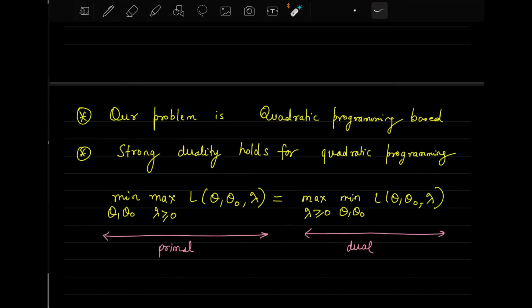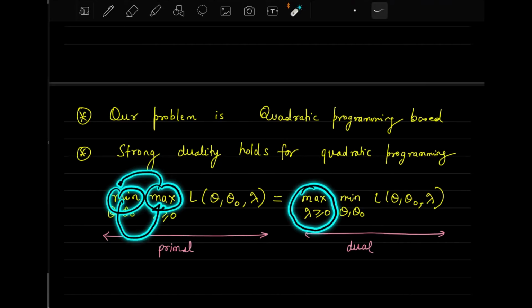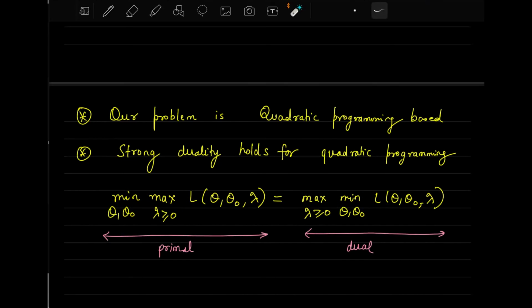You can actually change these operators: max you can bring here, min you can bring to this side. Strong duality means you can interchange the roles of max and min this way.